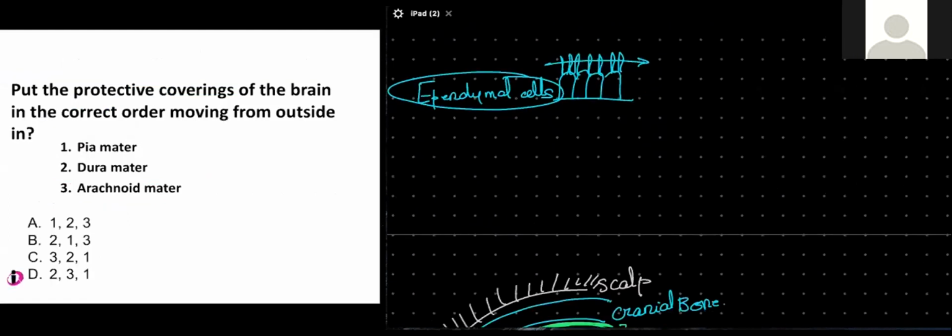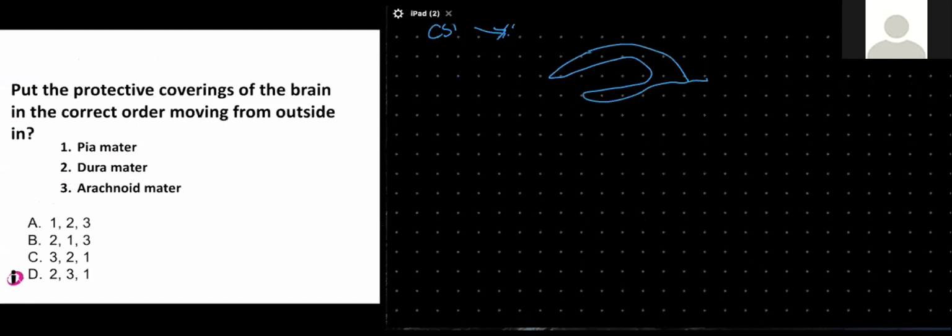All right, for the in-class activity, the first question for today is going to be to put those protective layers in order from outside moving inwards. So which one is going to be located outside, closer to the bone? Dura mater.